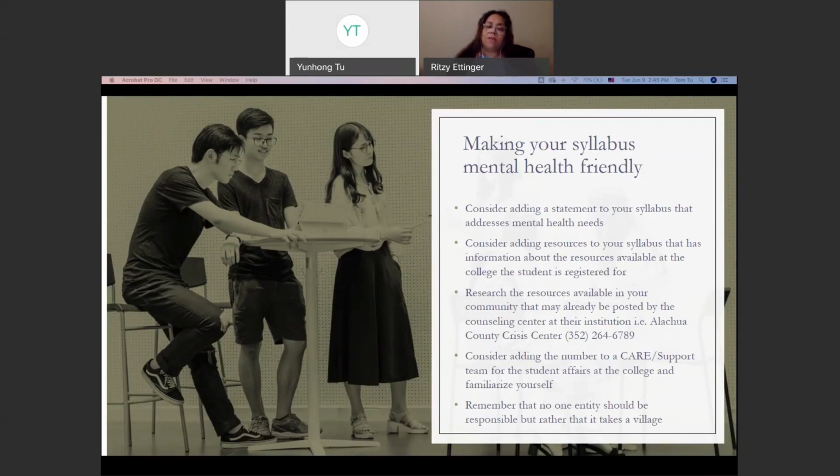So having that phone number there is a starting point, right? And there is a number after hours. Having that in your syllabus. And remember that not one of you is responsible for all this information, but make your syllabus and your Canvas pages very friendly to people who are experiencing or might experience mental health issues.